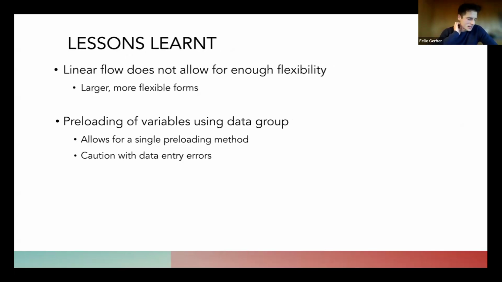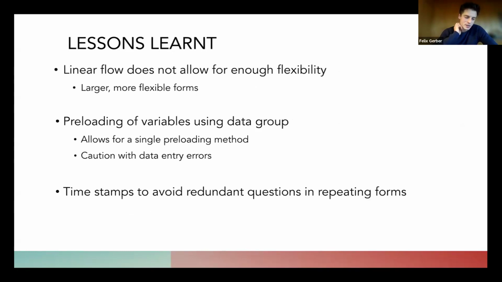So I think for our main lessons now for chronic disease care, using CHT or clinical decision support in general, the linear flow just doesn't work in practice. You need large, flexible forms that allow your community health workers to be ready for any kind of situation. You need to have access to previously collected data.